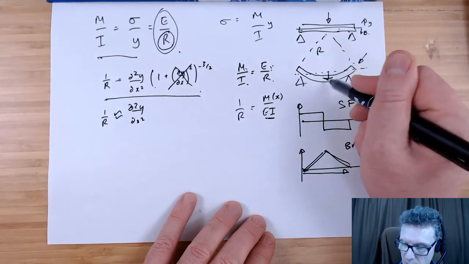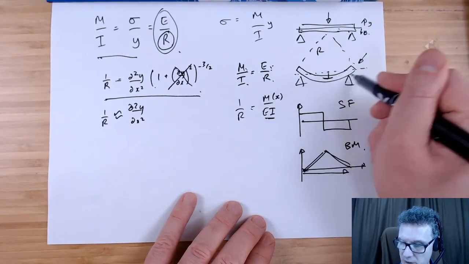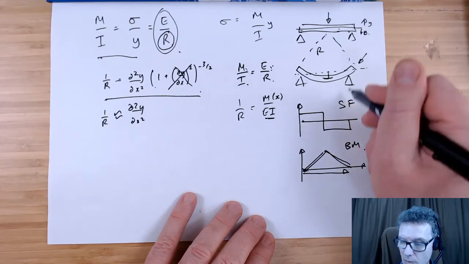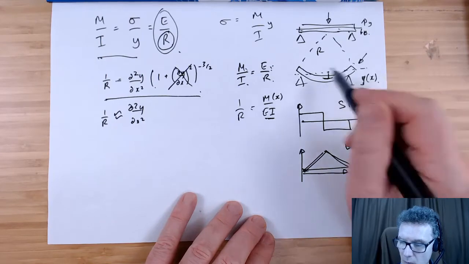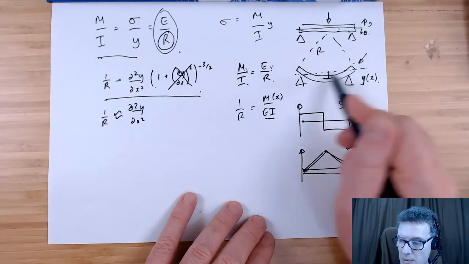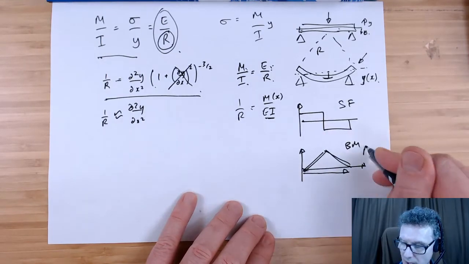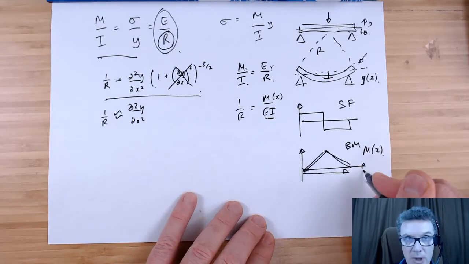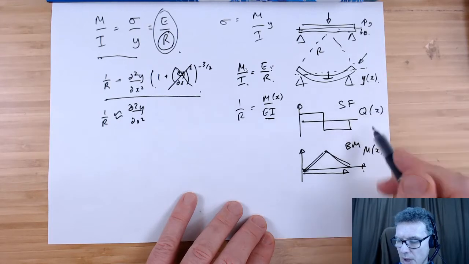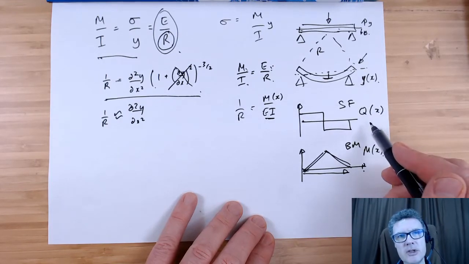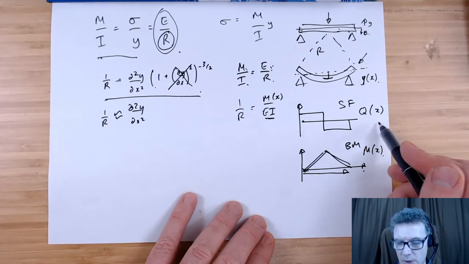So that's how my y is varying. So this is my actual y deformation. Okay, so I've got a y, and y is varying along the beam. We've got how M is varying along the beam here, and we normally call this Q, how the shear force is varying along the beam.